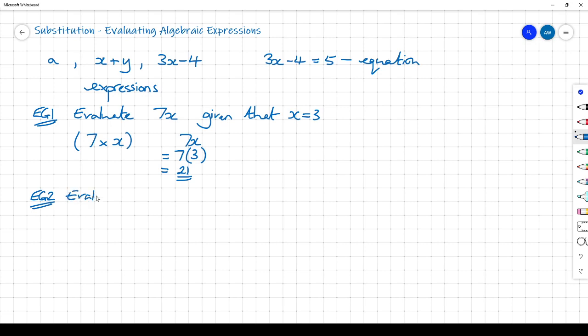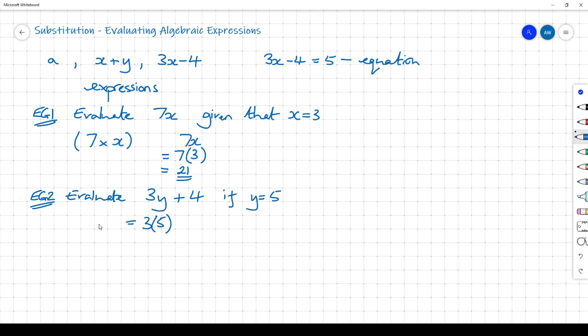Evaluate 3y plus 4 if, I'm going to say it slightly differently, if y equals 5. Okay, evaluate 3y plus 4 if y equals 5. So instead of 3y, I'm going to write 3, bracket, put the value of y inside the bracket. So I've substituted y for 5, just like we substitute a football player on a football pitch or a netball player on a netball pitch.